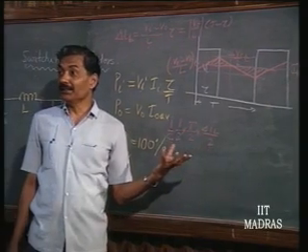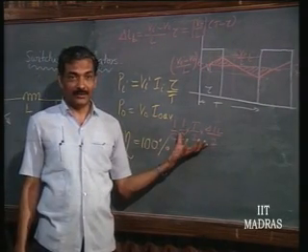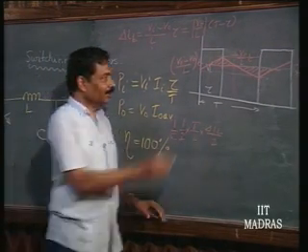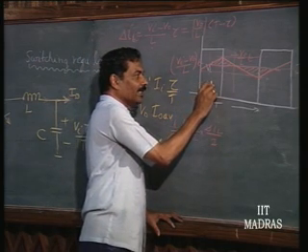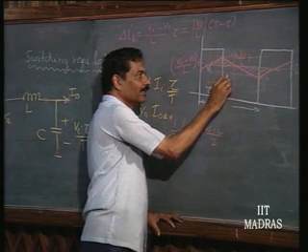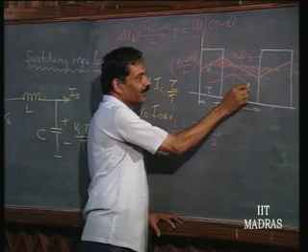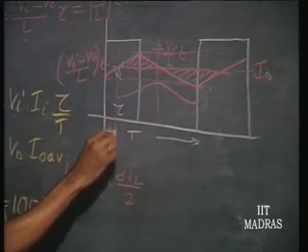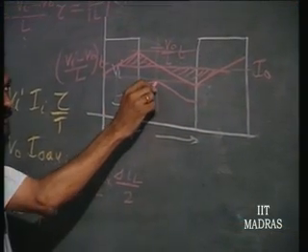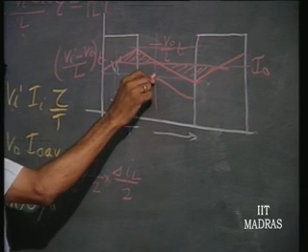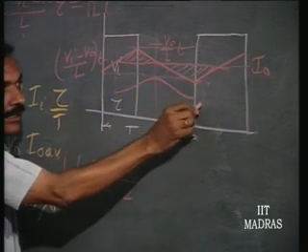What is this voltage? This is the voltage. This is the way voltage is going to increase and decrease. Voltage is going to increase up to this, it becomes maximum at this point and then decrease.